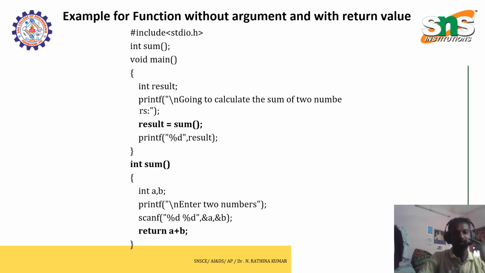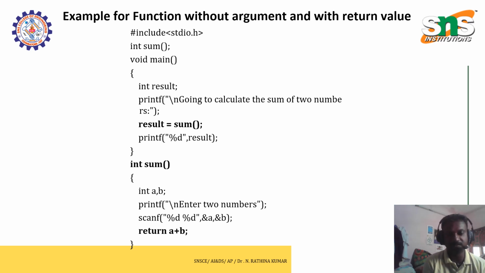Next, we are going to see function without argument but with return value. With an example, we can easily understand. This is a very simple program for addition of two numbers. The program starts with a header file and the function prototype. Then inside the main function, we declare one variable named result. Then a printf statement follows. Next is result equal to sum, that is the function call. Whenever the compiler sees that line, the control automatically comes to the subfunction.